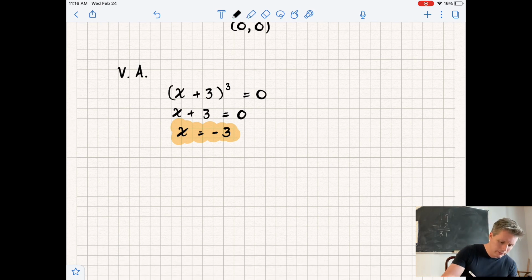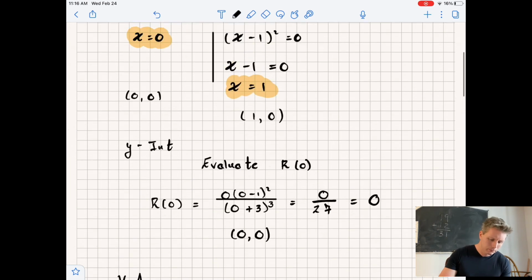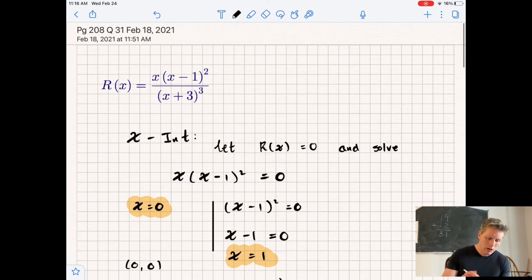My horizontal asymptote: I am going to have a horizontal asymptote because, look at my function, up on top, I have an (x minus 1) squared, so I have an x squared term multiplied by an x term. So that's going to give me an x cubed term. So my polynomial up on top is cubic. In the denominator, I have (x plus 3) cubed.